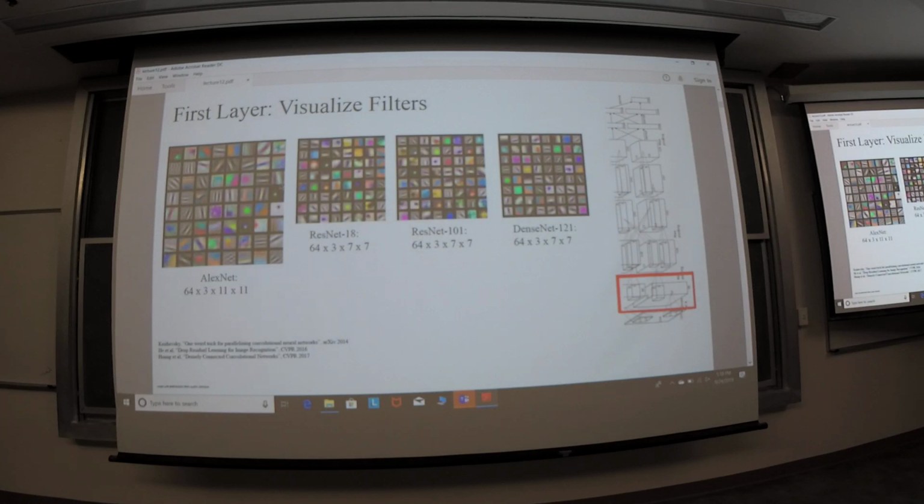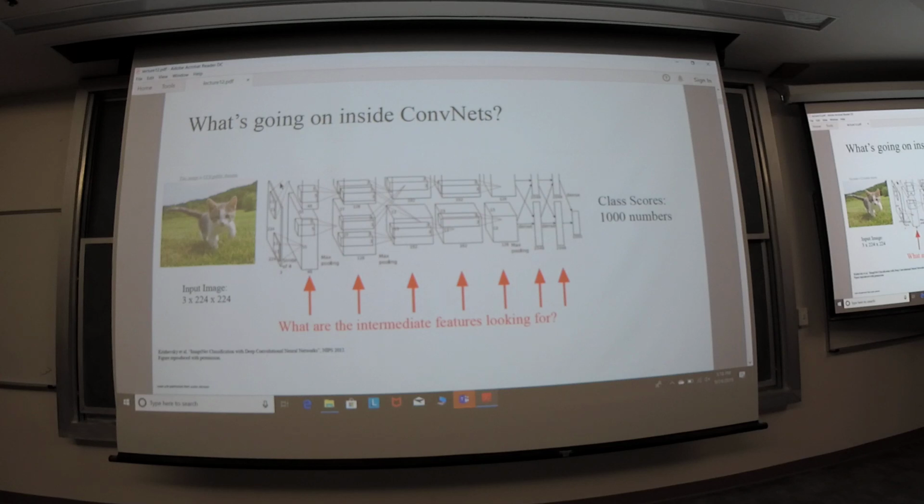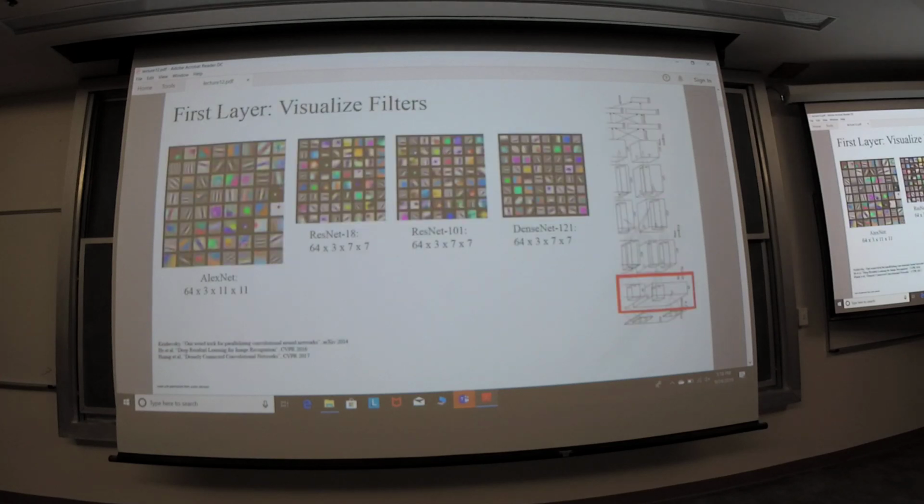To start off with the first layer of AlexNet, in the previous slide you saw the AlexNet. We look into the convolutional filters present in the first layer. You can see that each of the filters in the first layer spans the RGB channels of the input. So it's 3 cross 11 cross 11, and we have 64 such convolutional filters at the first layer.